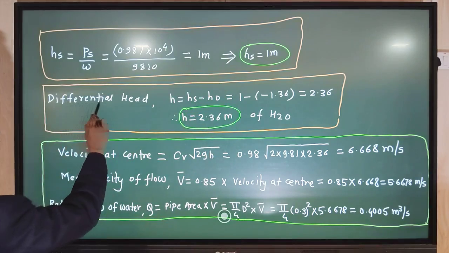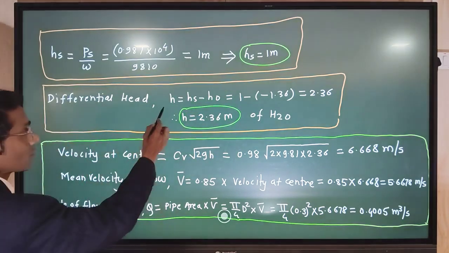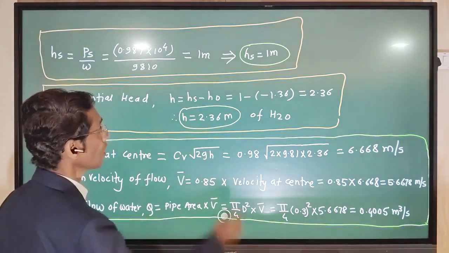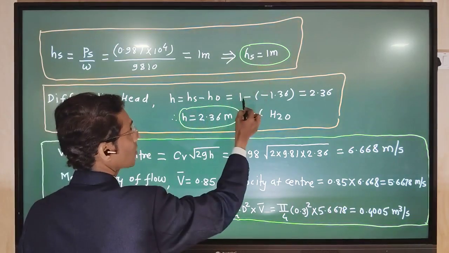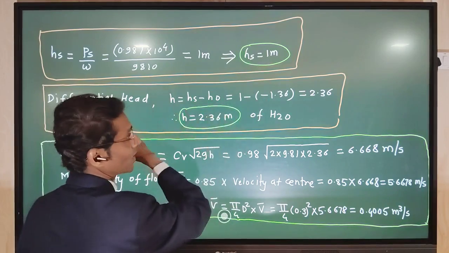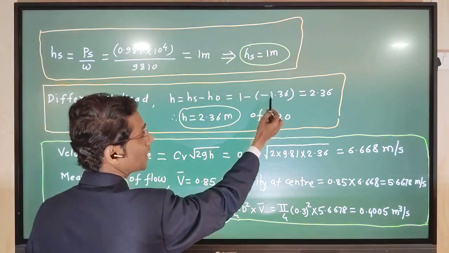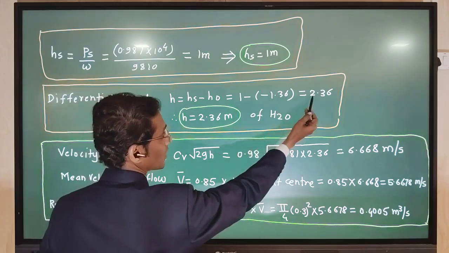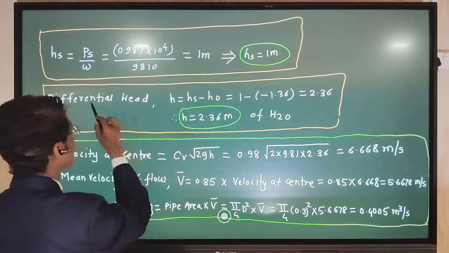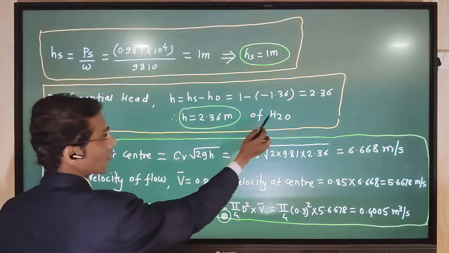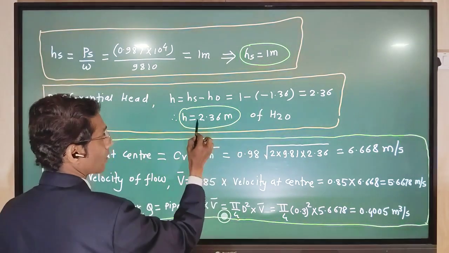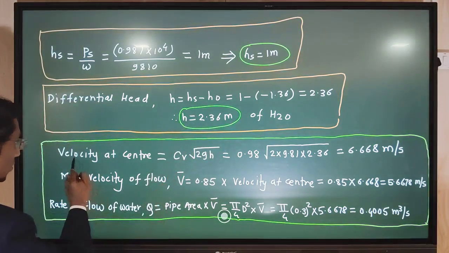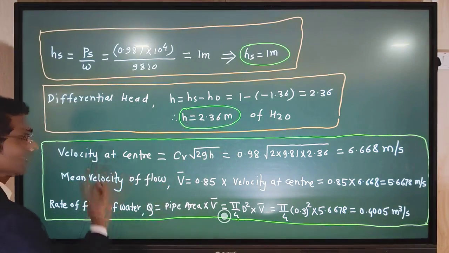Then we calculate the differential head of the Pitot tube. As per the diagram, H is equal to HS minus HO. Putting the value of HS here and HO calculated in the last slide, that is negative, finally by doing this calculation we get H, the differential head in water column, as 2.36 meter. We use this H value to calculate the velocity of water at the center.